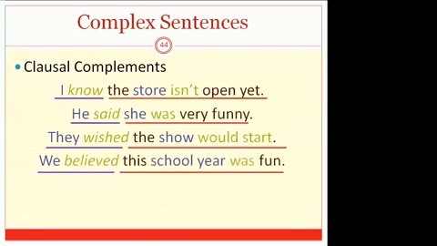For instance, I know the store isn't open. I know is underlined in purple as the main clause, and the dependent clause is underlined in orange. Please pause this webinar to examine these clausal structures until they are very familiar to you.